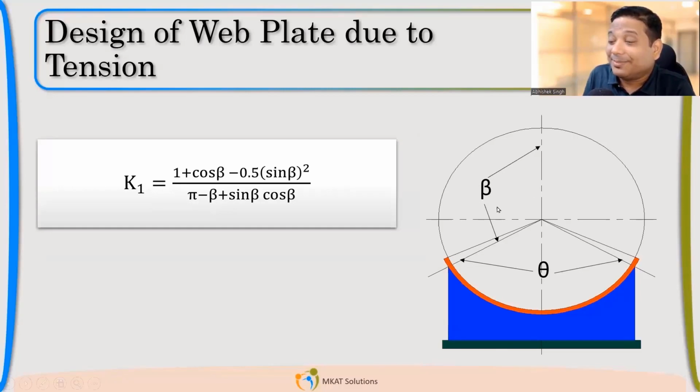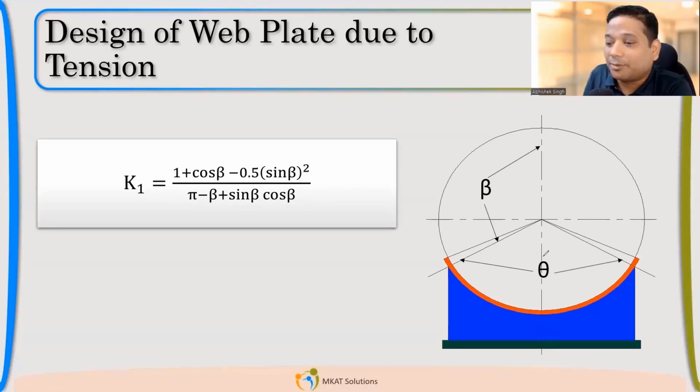Now you can also see a beta angle. Can anybody tell me how to calculate beta? If you have beta in terms of theta, can you write it? Or I'll make it even simpler. What is the typical value of theta? 120 degree. So if the saddle angle is 120 degree, what will be the beta value? It's very simple, right?